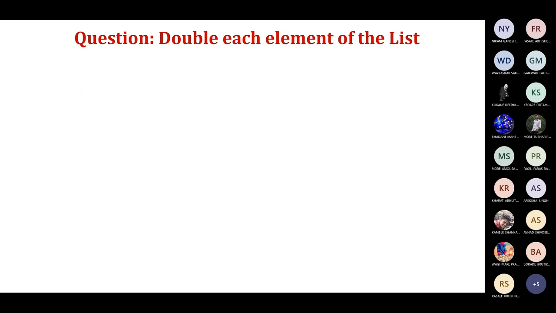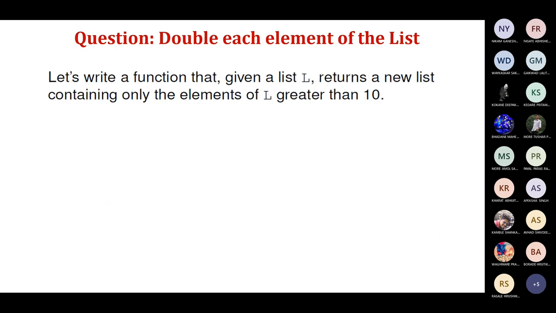Now suppose we want to write a function. Given a list L, it returns a new list containing only the elements of L greater than 10. So a list is given and it returns a new list containing elements of L greater than 10. That list may contain any numbers, and you have to just select the ones which are greater than 10.